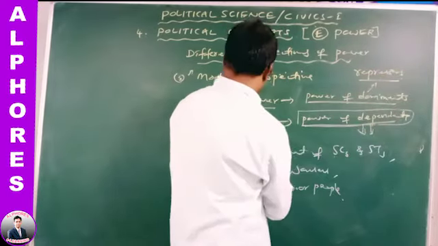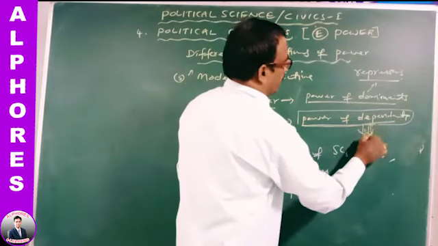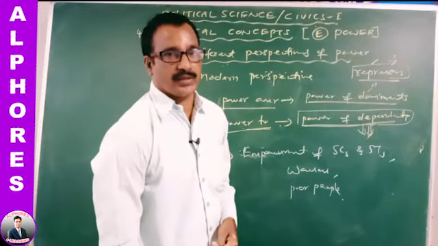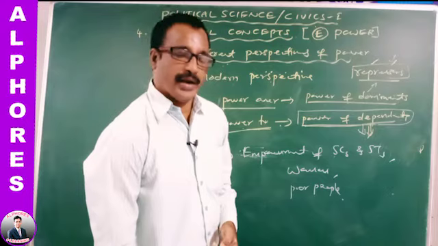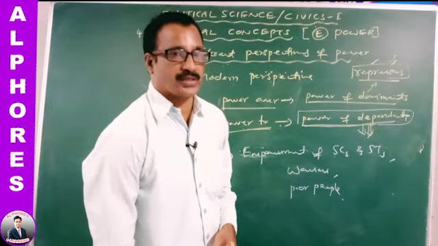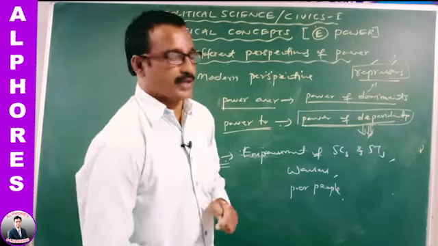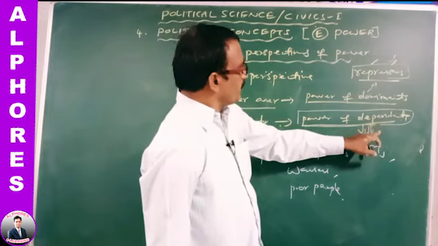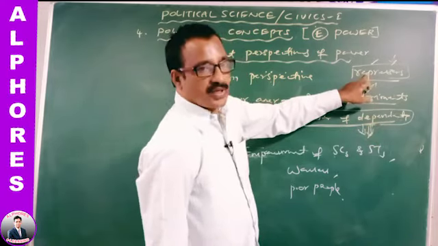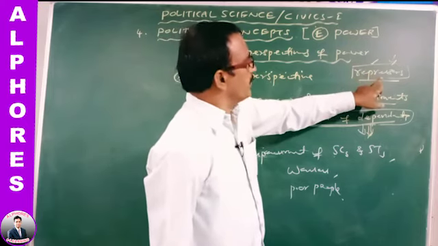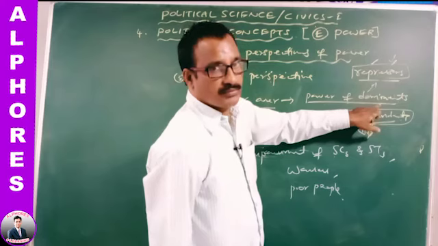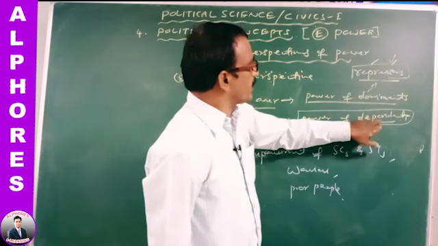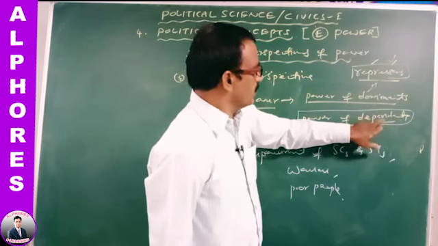Hence, power to, that is the power of dependence, resists their repressors and gains an opportunity and ability to utilize their capacities for self-development. Who are the repressors? Dominant sections.